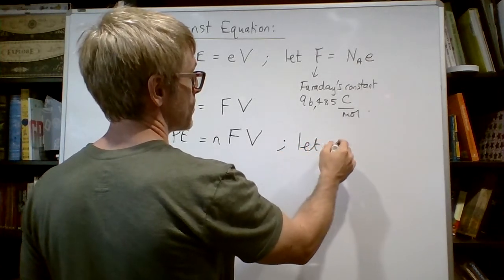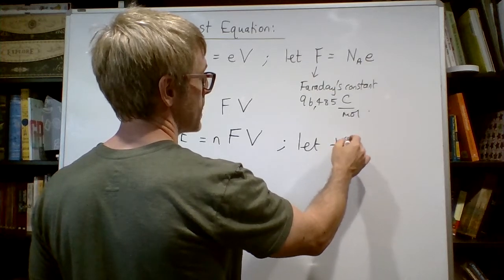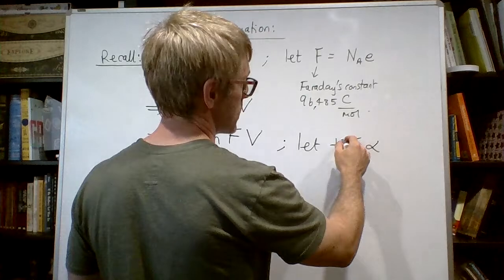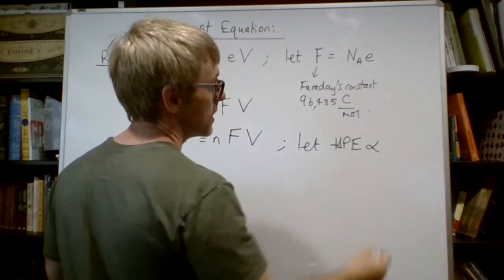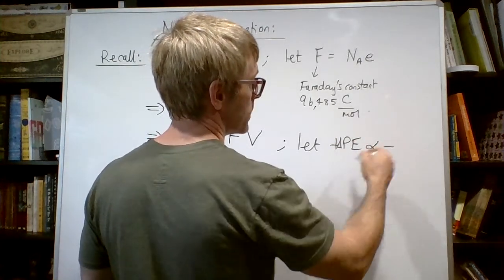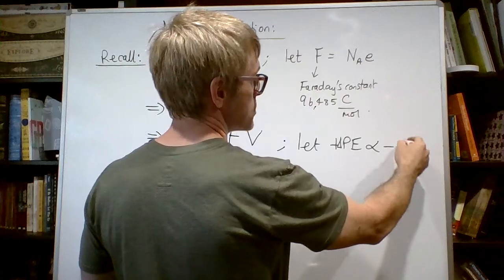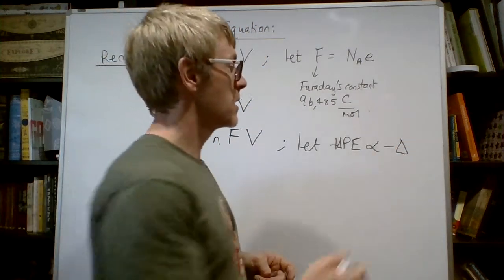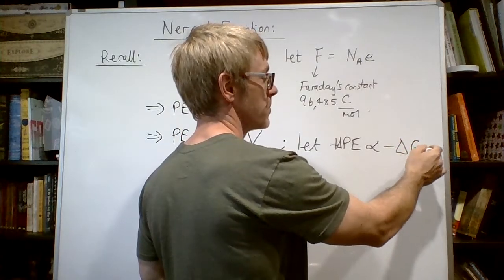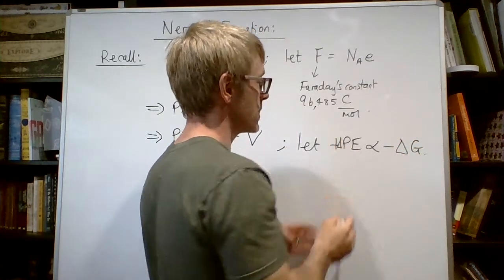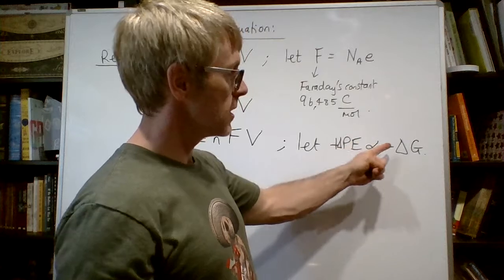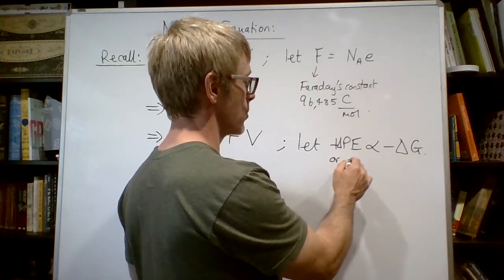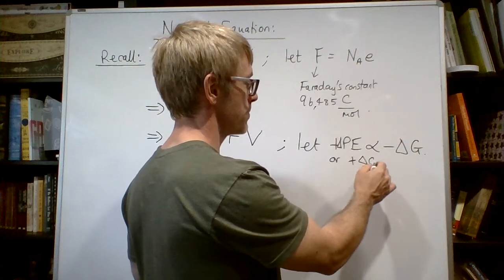So let a change in potential energy be proportional to a negative change in another type of energy, and the type of energy we're interested in is going to be Gibbs free energy. So we have this change in sign. Obviously I want to write with respect to a positive change in Gibbs free energy.